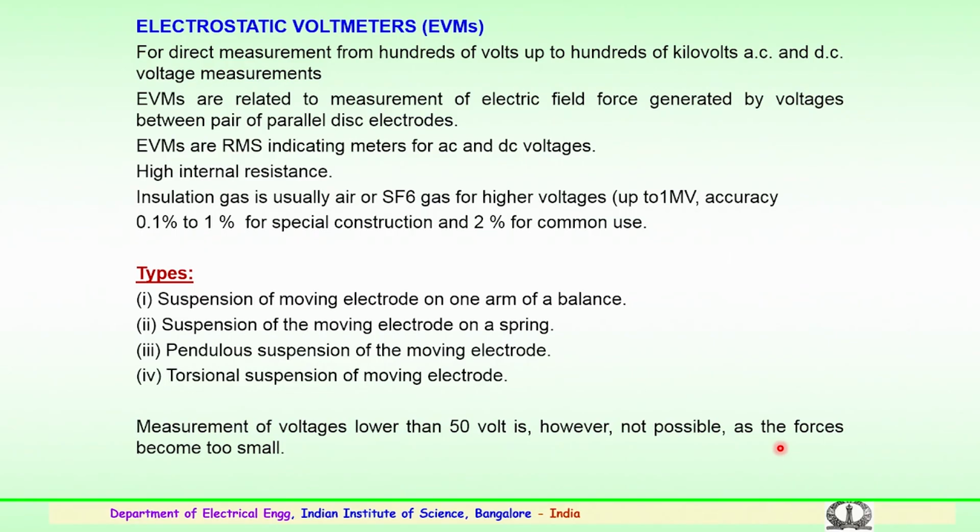So electrostatic voltmeters are related to the measurement of electric field force which is generated by the voltages between a pair of parallel disc electrodes. The values obtained are basically in terms of RMS value, and these are indicating meters for AC and DC voltages.